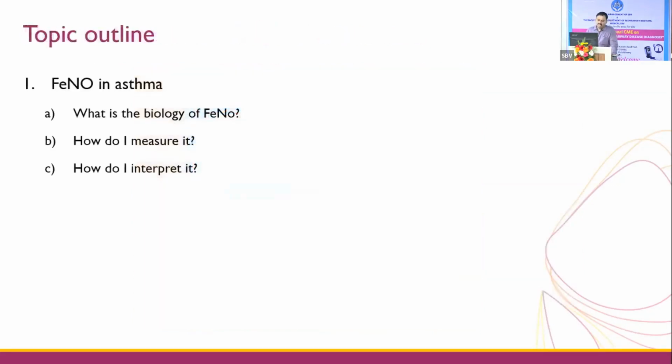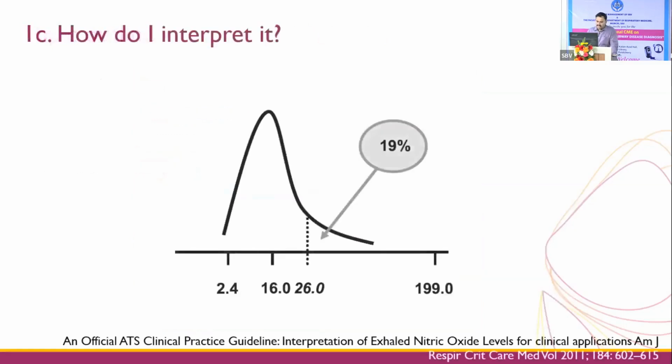Right. So the question is, how do I now interpret this particular FeNO? Most of the data on interpretation came from a cohort of 2,500 normal patients with no lung disease, recruited for the ATS paper on interpretation of FeNO levels, which came out in 2011.